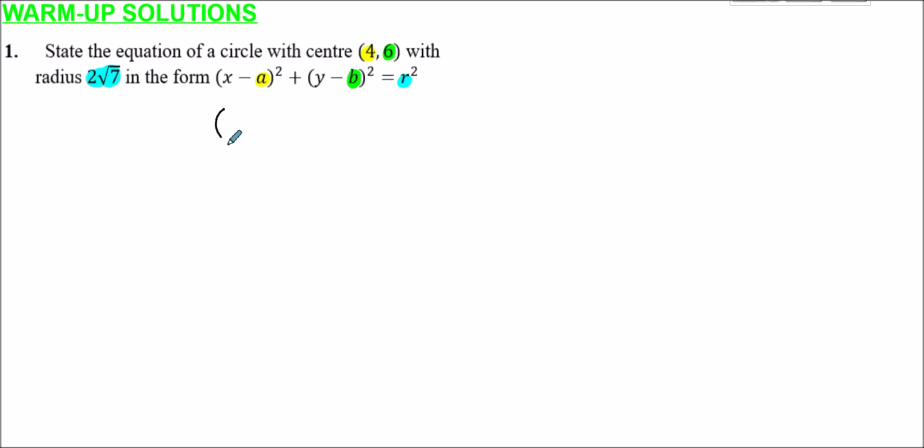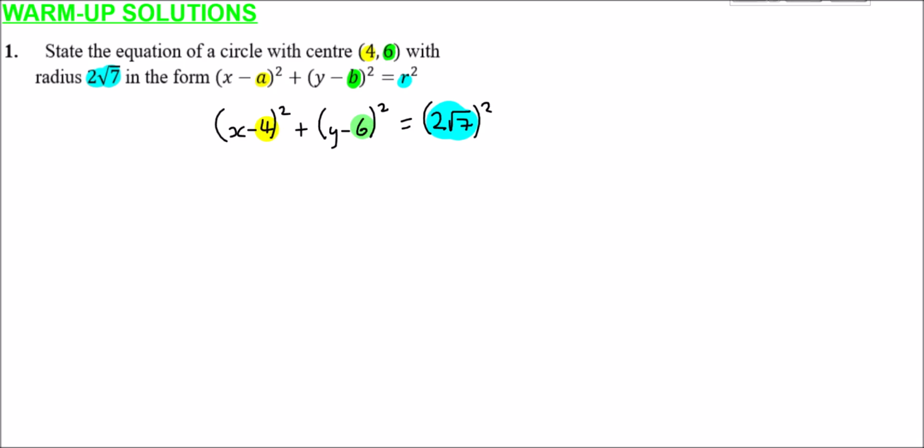So we're going to have x minus 4 all squared plus y minus 6 all squared equals r all squared, which is 2 root 7 all squared. So all I've done there is just substitute in what we know. So we know r is 2 root 7, the x coordinate of the centre is 4, and the y coordinate of the centre is 6.